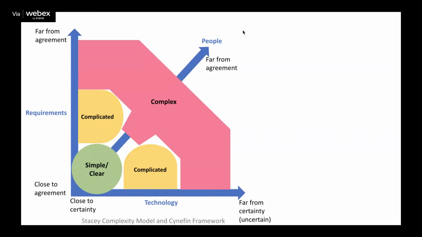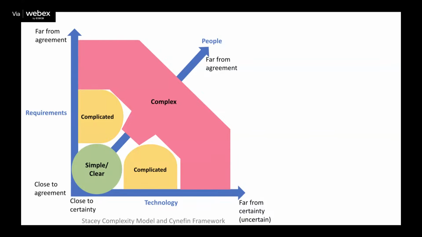Where does complexity fit? Well, it kind of fits here, where we don't really know what we need to build. We don't really know how to build it. And the people on the team don't really know if they're in agreement. This is a complex problem where we have a lot of these unknown unknowns.